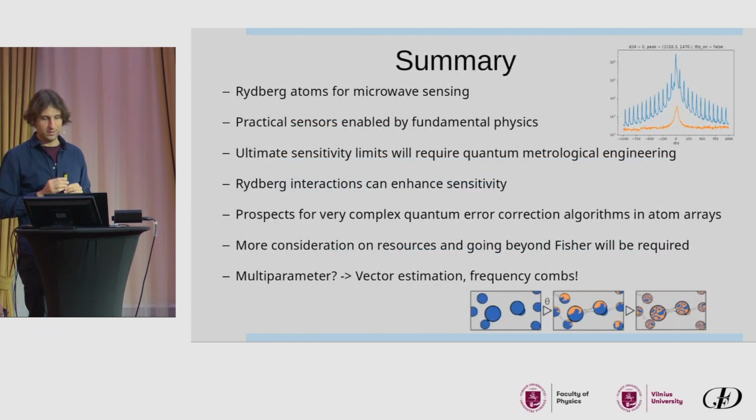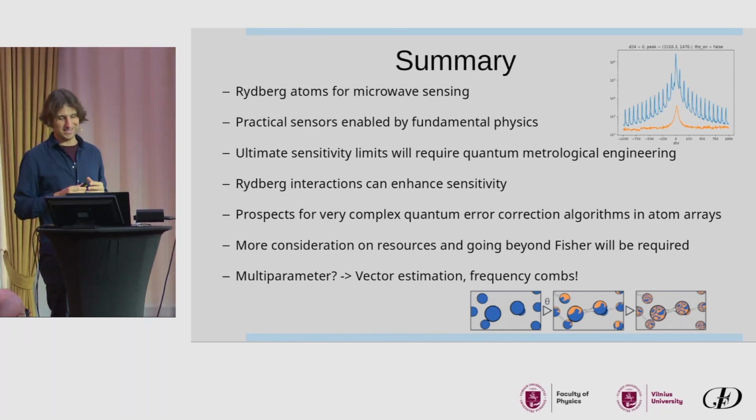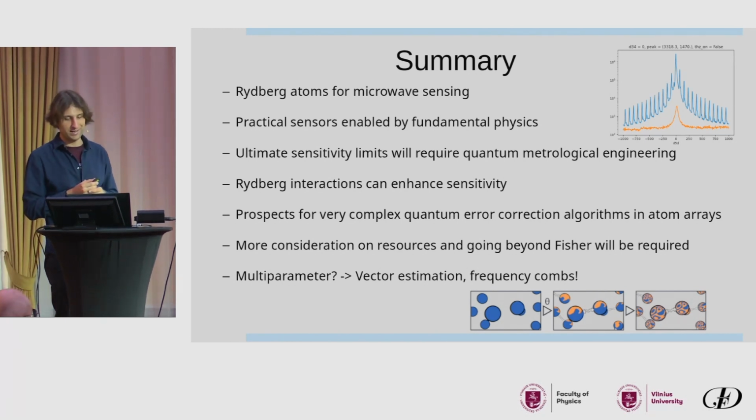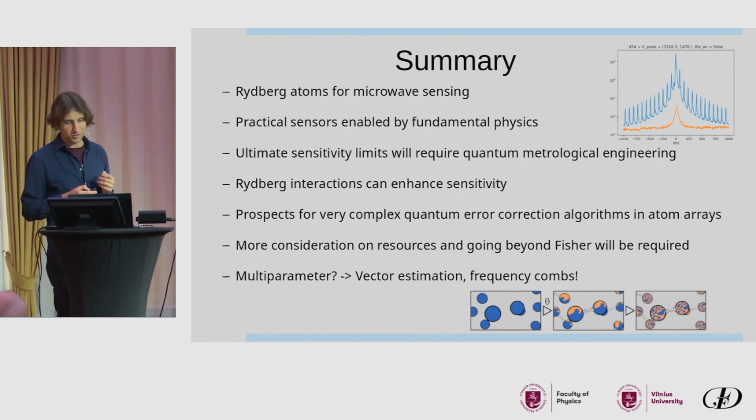And I think this is a very interesting error correction protocol in a way that has perspectives to be also used in much more complicated contexts, especially in Rydberg atom arrays, where we could not only look at many-body correlations, but also consider how to do metrology even with a quantum algorithm rather than just considering the Fisher information.